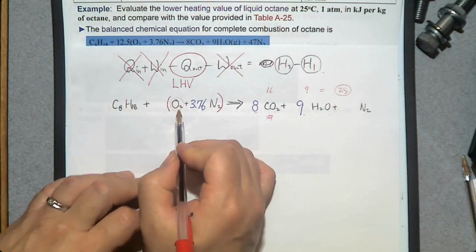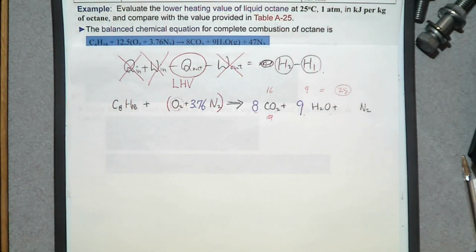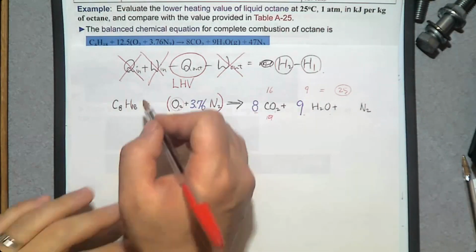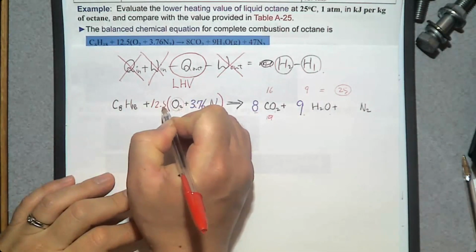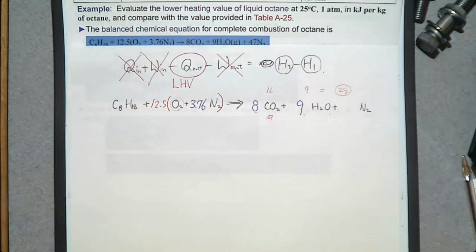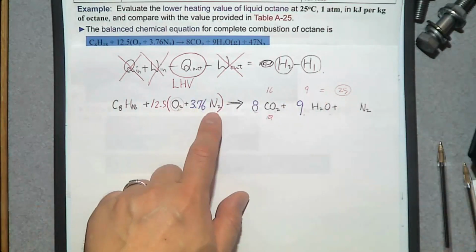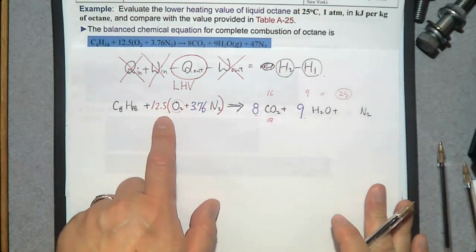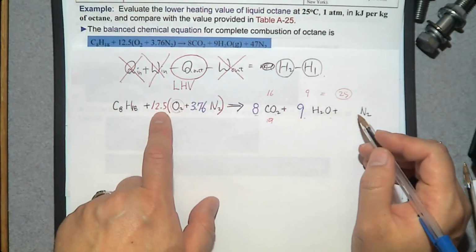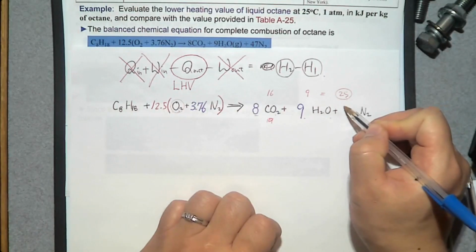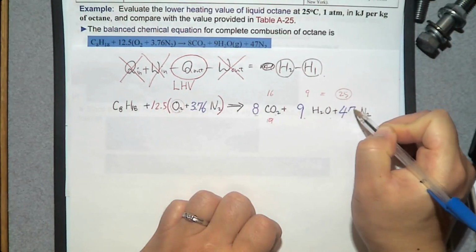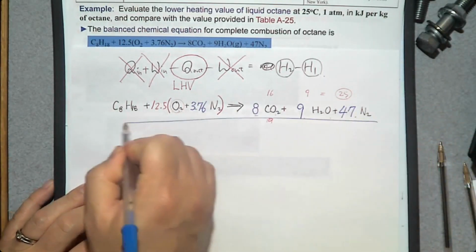Each oxygen molecule has 2 oxygen atoms. That means 12.5 oxygen molecules are required for this reaction. Then what about nitrogen? 3.76 times 12.5 is going to be 47. So this is the balanced reaction equation.